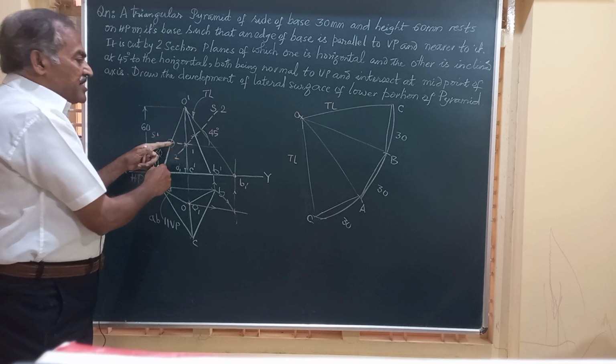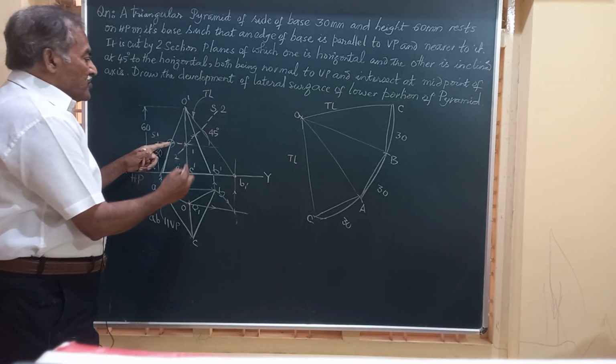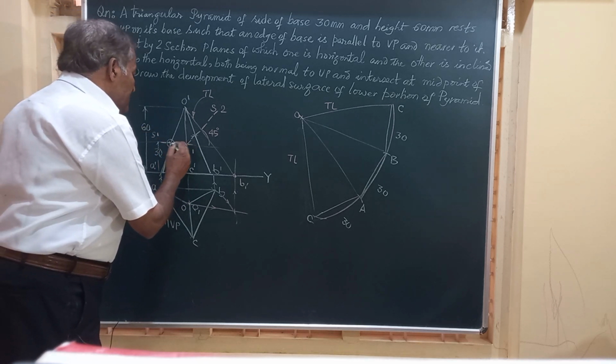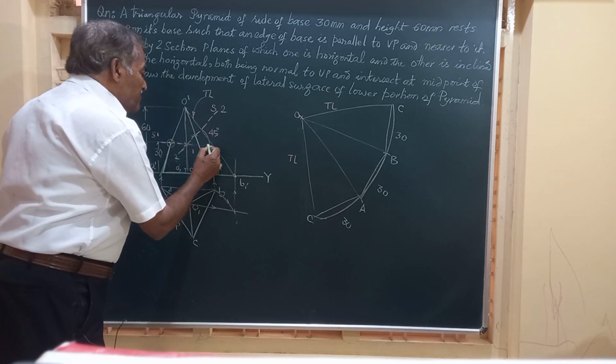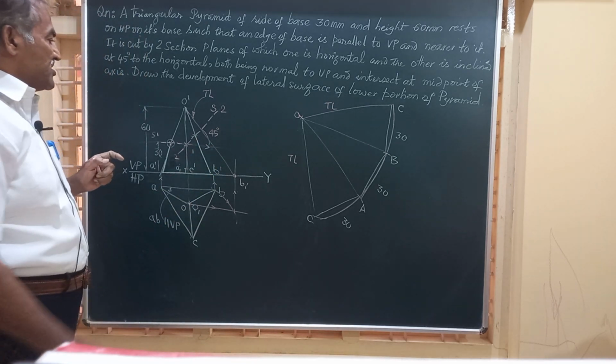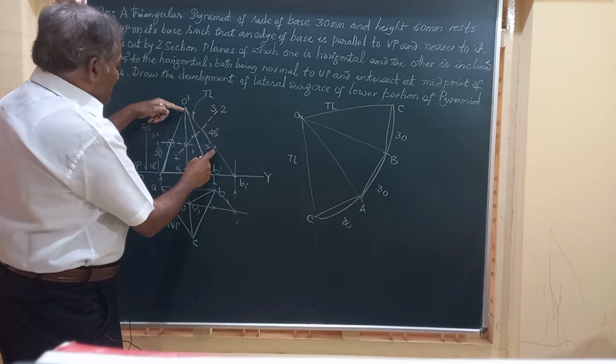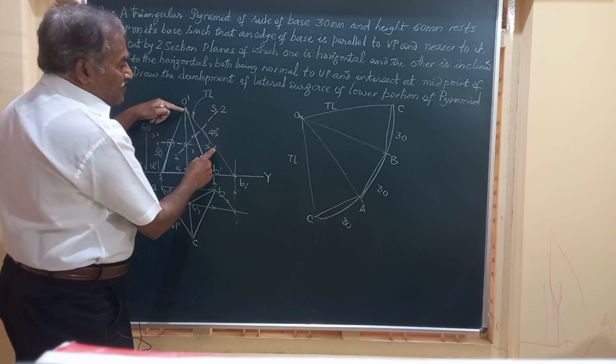But O dash A dash is not the true length because it is at an angle to VP in the top view. So I am going to transfer this point on OA to this point, and measure this length, transfer it to OA. Where is OA?